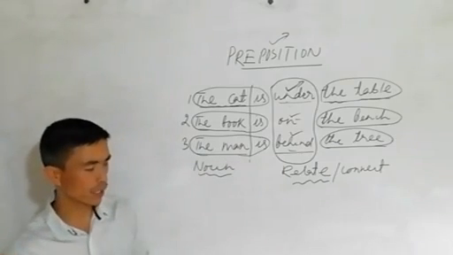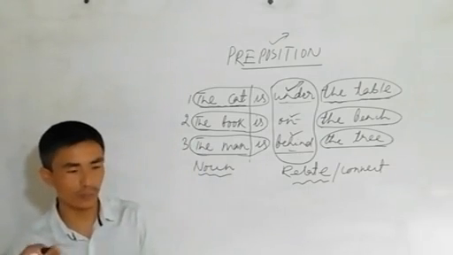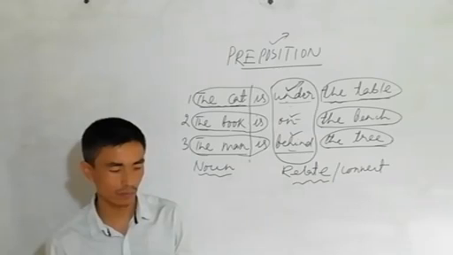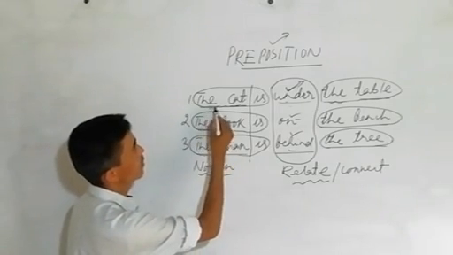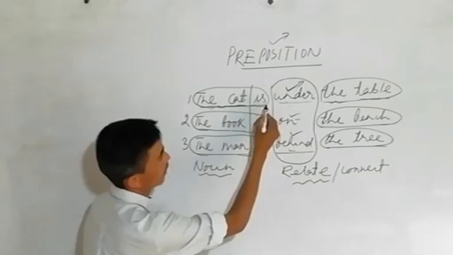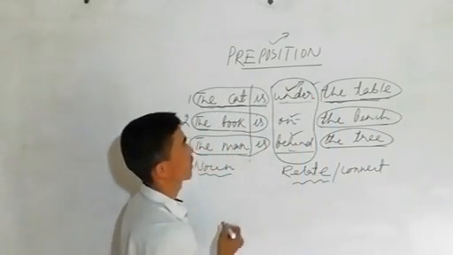So prepositions express the relationship of a noun or a pronoun to the rest of the sentence. The cat is the rest of the sentence, and it is related to the table by under.